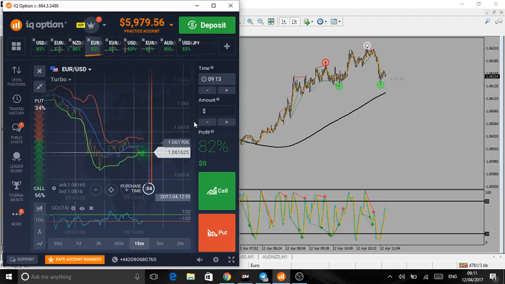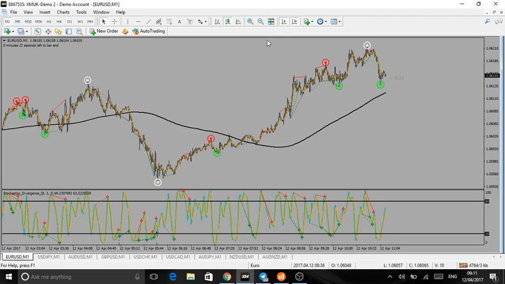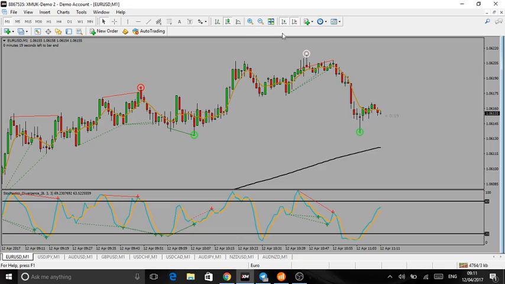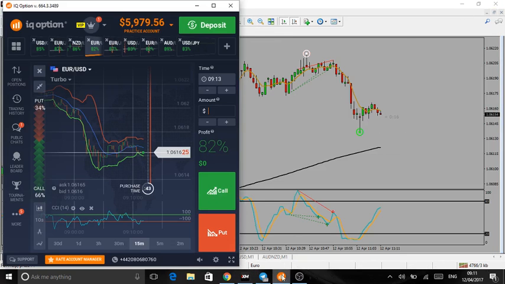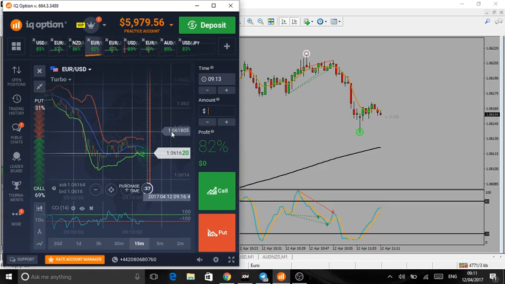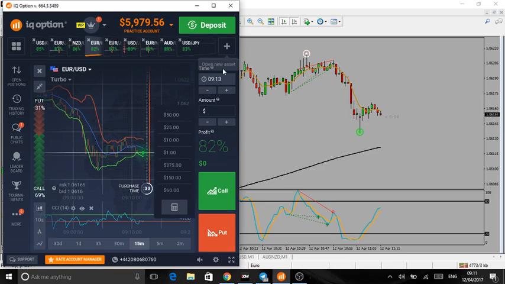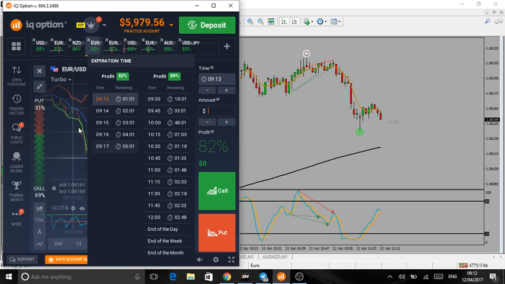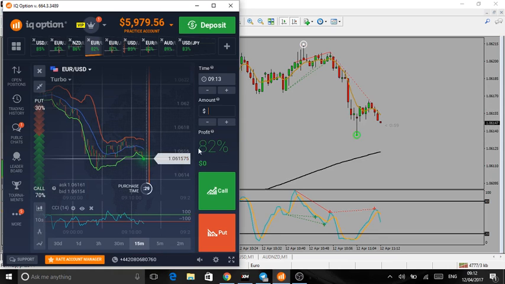If you're brand new to binary options, how it works is different from traditional forex trading. If I predict that the currency pair is going to go higher or lower from this current price in the next 1 minute to 5 minutes, and I'm correct, I will get an 82% return.